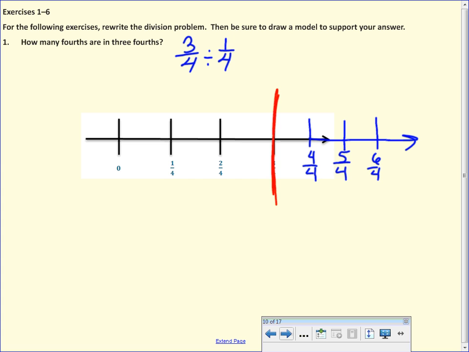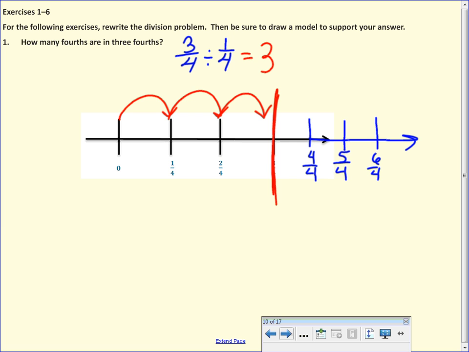So how many groups of 1/4 are there? 1, 2, 3. So there are 3 groups of 1/4 in 3/4. I didn't keep jumping down my number line because I was only interested in 3/4. I didn't need the rest of that number line.